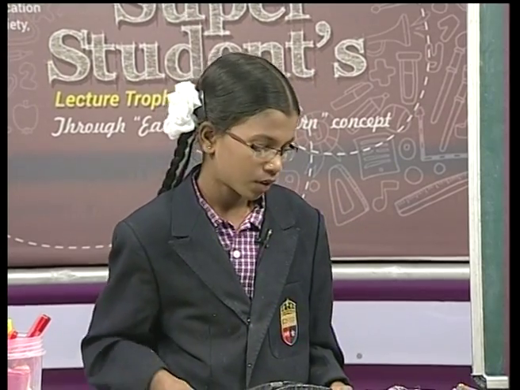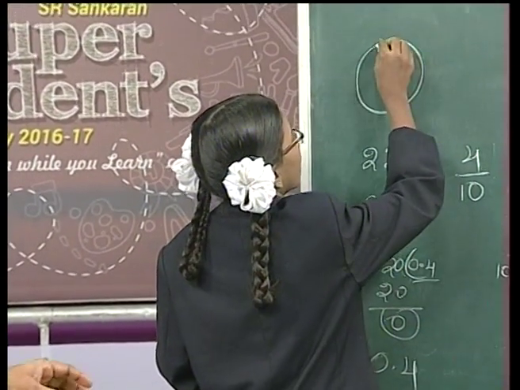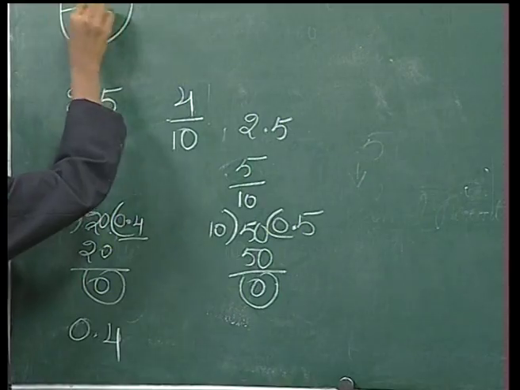Hello, sir. Hello. Hi. My name is Shailaja. What is your doubt? Why do we call the upper number numerator and the lower number denominator? Friends, numerator is how many are shaded. For example, we take one circle and we divide it into 4 equal parts.